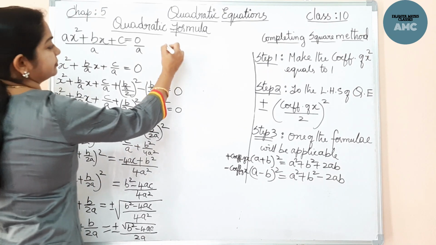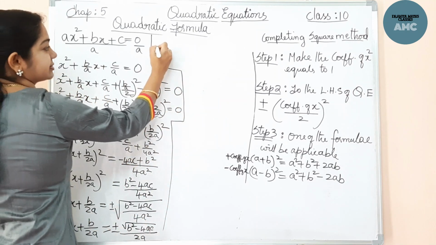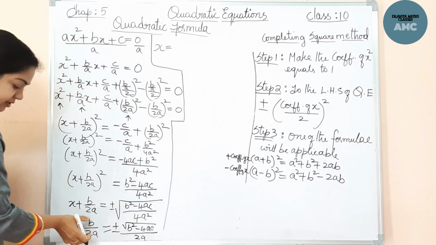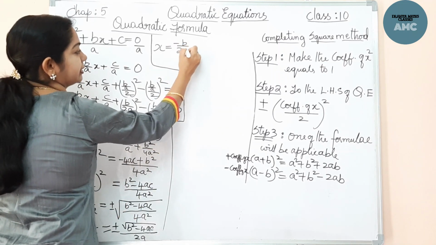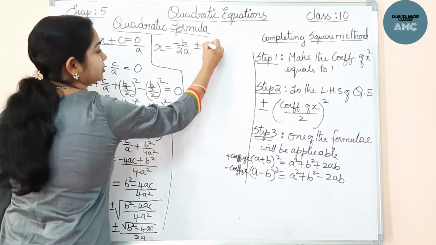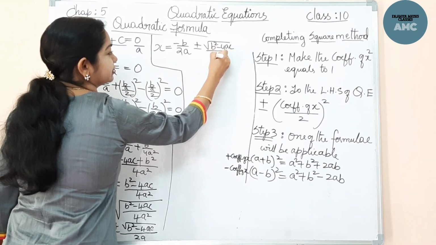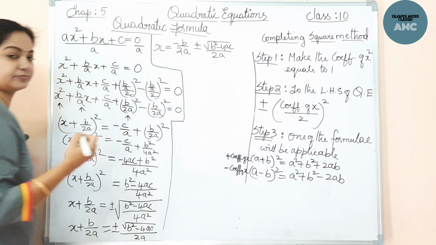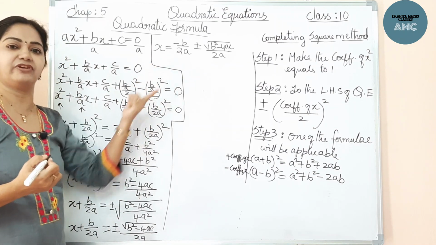Now let me take x equal to, if you shift this to that side, minus b by 2a, here again plus or minus root b square minus 4ac by 2a. It's looking very complicated, but we are doing simple simplifications only.